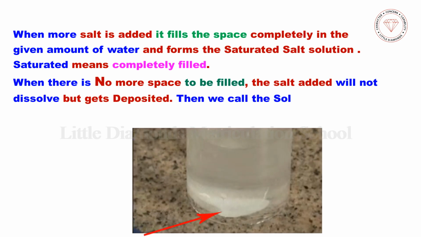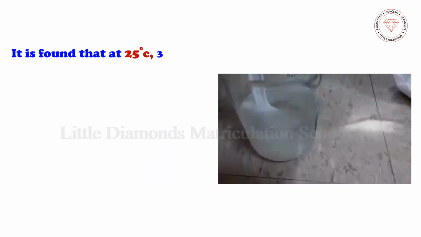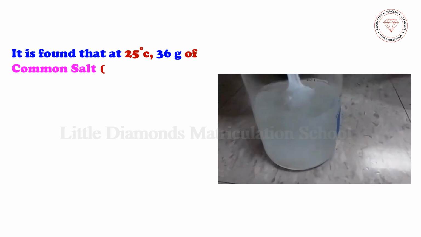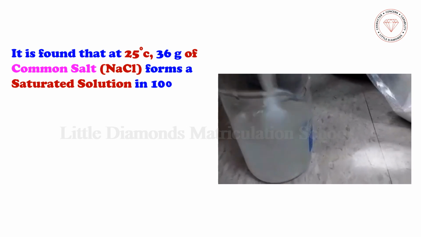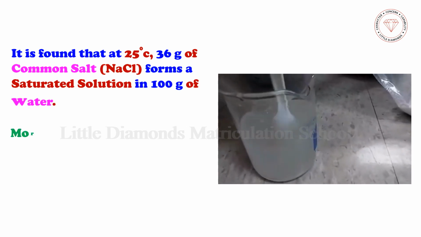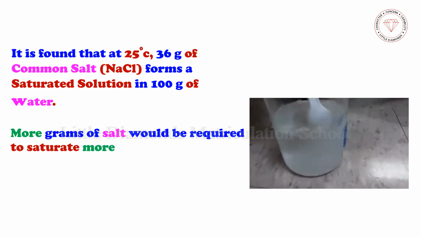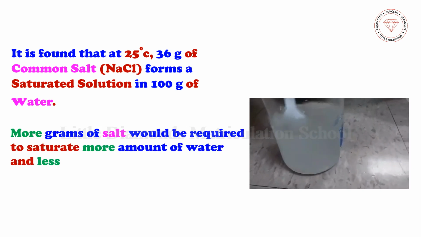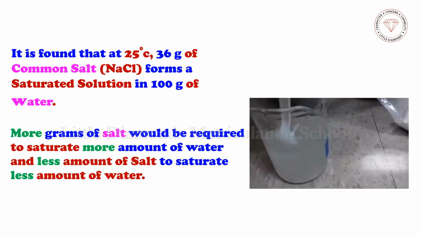Then we call the solution a supersaturated solution. It is found that at 25 degrees centigrade, 36 grams of common salt forms a saturated solution in 100 grams of water. More grams of salt would be required to saturate more amount of water and less amount of salt to saturate less amount of water.